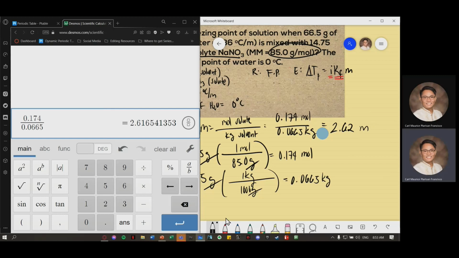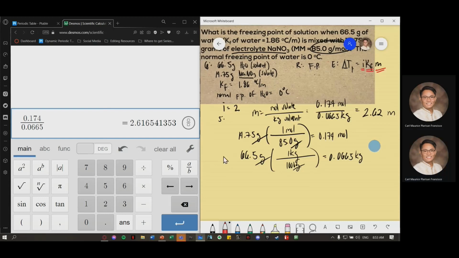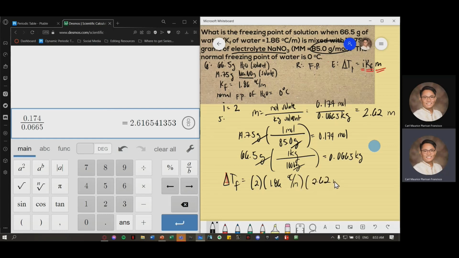So now, all the factors are provided. We may now proceed by writing the final solution. So change in the freezing point, i is 2, Kf is 1.86 degrees Celsius per molal, multiplied to 2.62 molal.